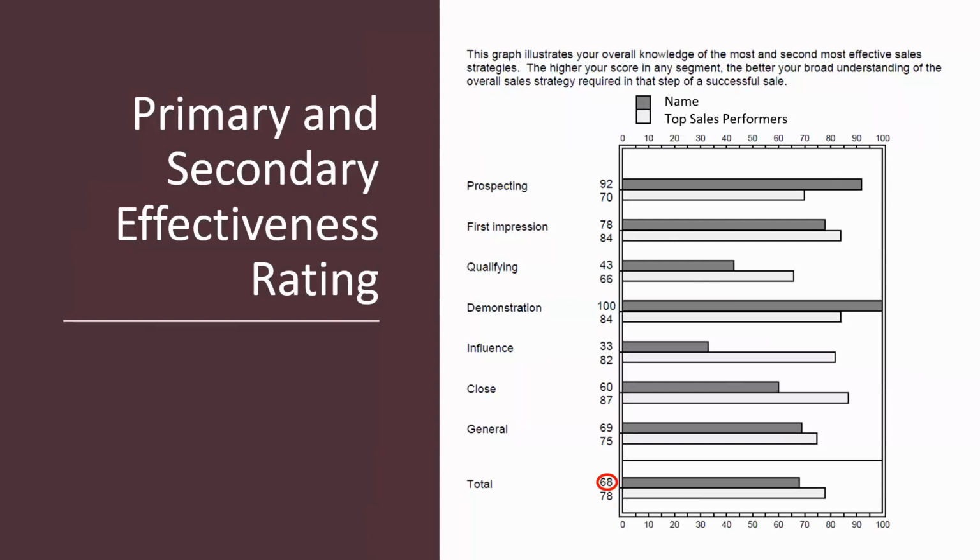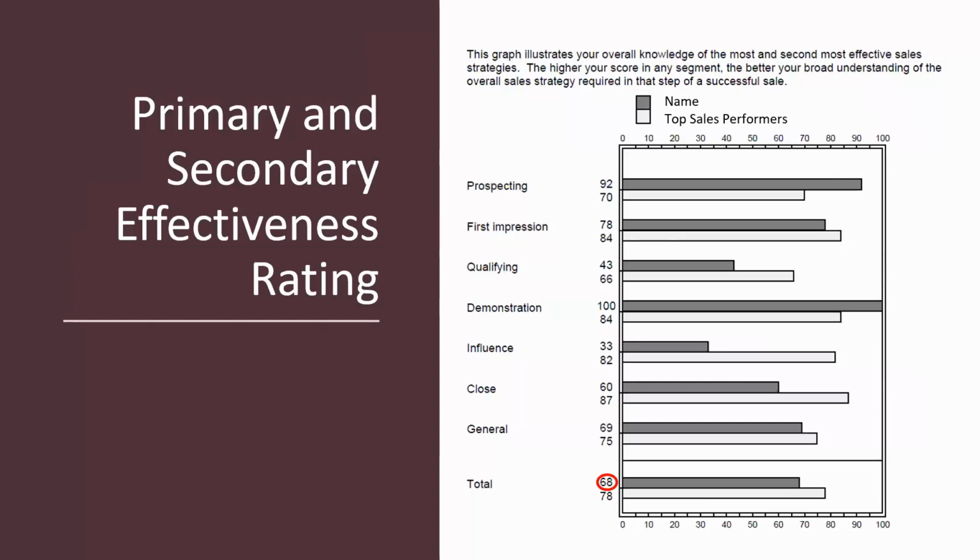They underperformed in first impression and qualifying, but in demonstration they actually exceeded our top sales performers, which means that they chose the second most appropriate answer more times than the first most appropriate answer. Still not the correct answer, but not completely wrong. We're getting close, right? The way that we analyze this really provides value in helping us fine-tune the effectiveness of our sales team.